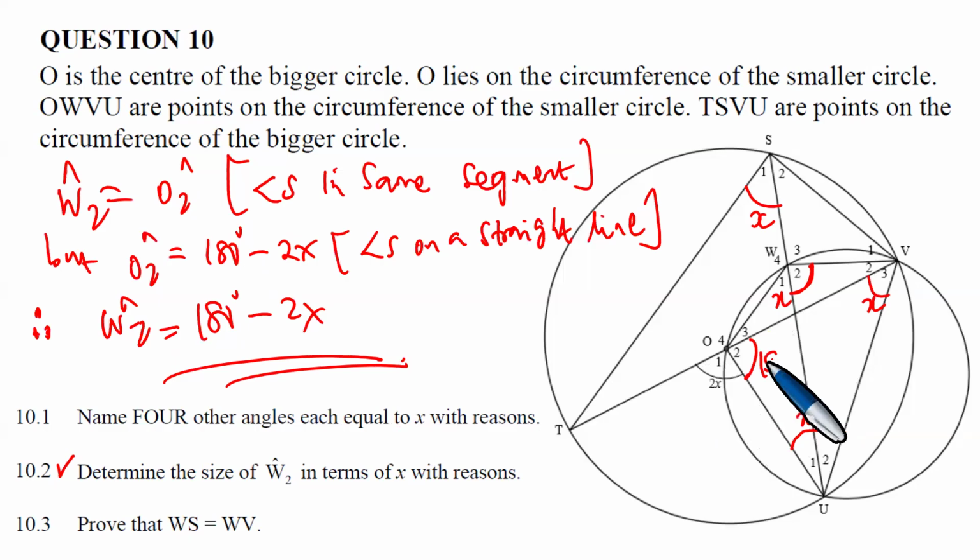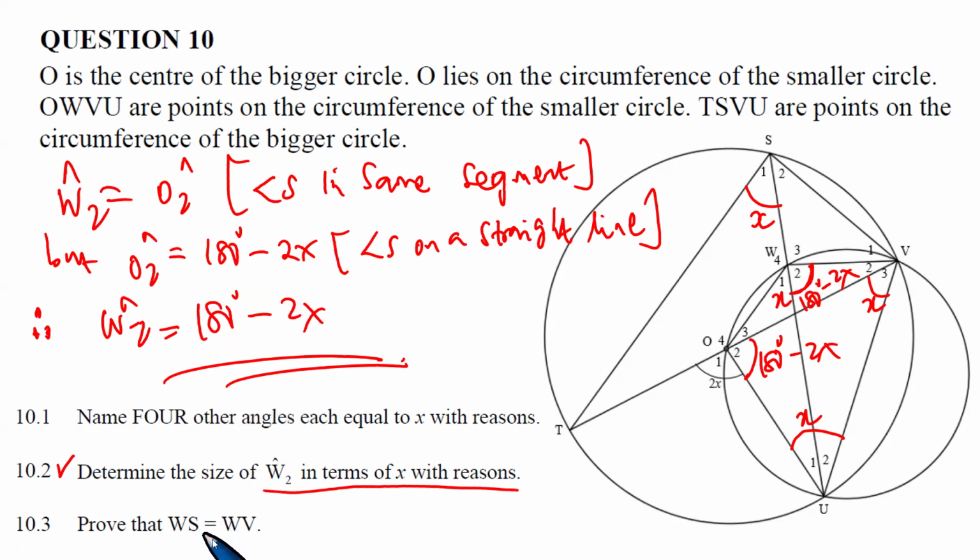And this is 180 degrees minus 2x, but also this one is 180 degrees minus 2x. So they want W2 in terms of x with reasons. W2 is 180 degrees minus 2x. Any question on the geometry? Thank you, sir. Too easy. All right, we move on to the next one.